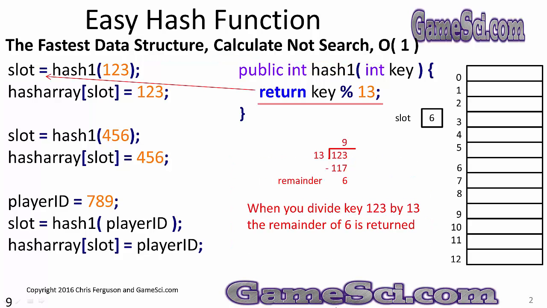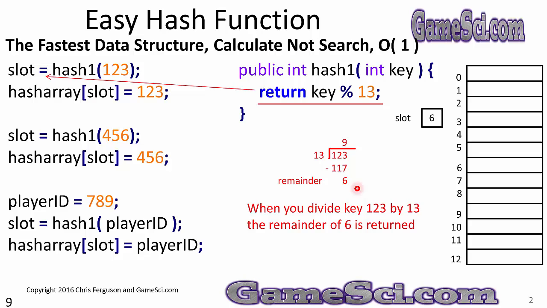If we trace what happens inside the code, we're going to take the key that we passed, 123, and do a modulus on 13. This will calculate the position in the table or array where we want to store key 123. If you do the math and divide 13 into 123, it goes into it 9 times with a remainder of 6.